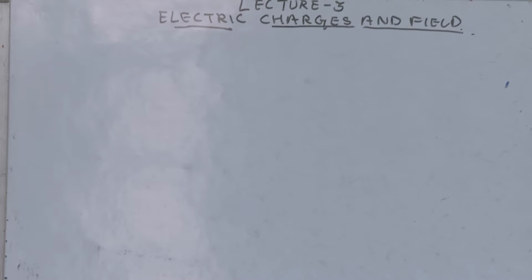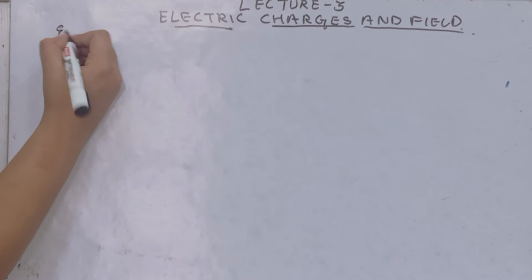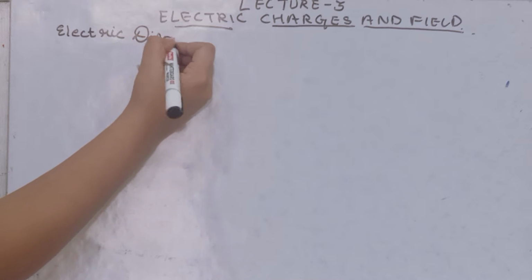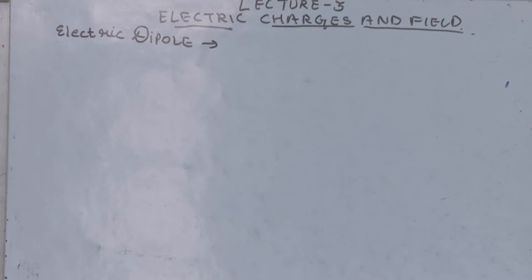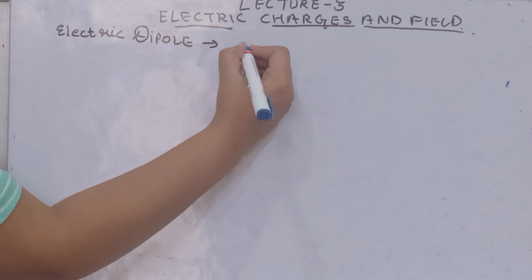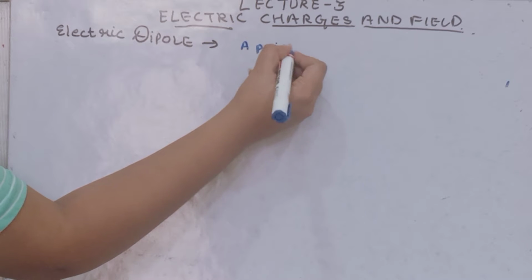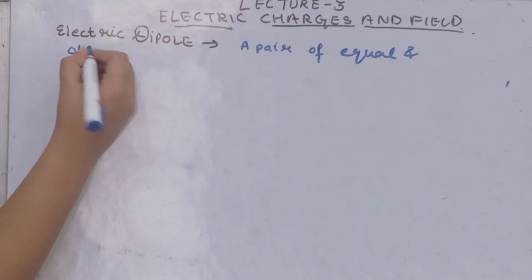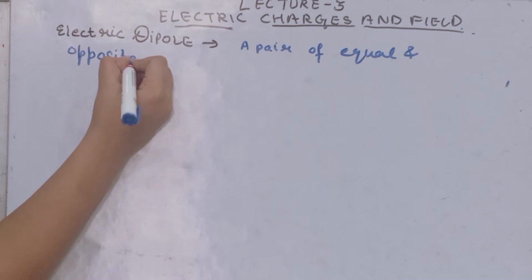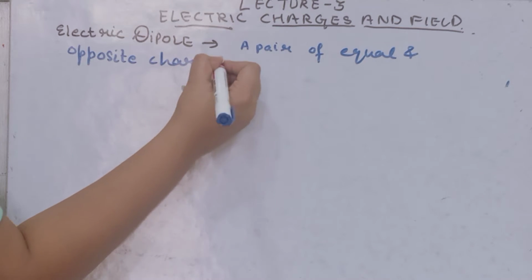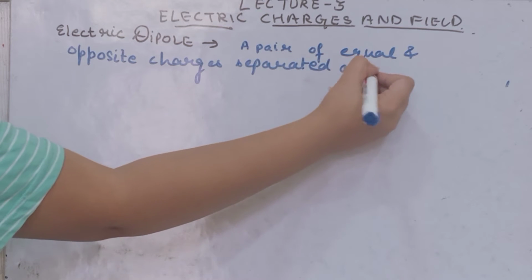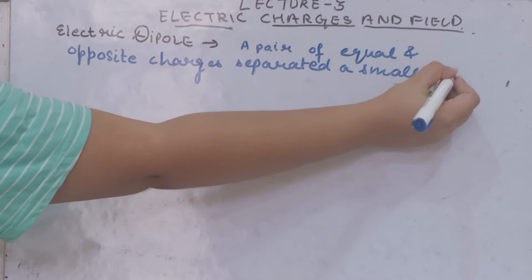Let's start with the first topic, that is electric dipole. Electric dipole is nothing but a pair of equal and opposite charges separated by a small distance.